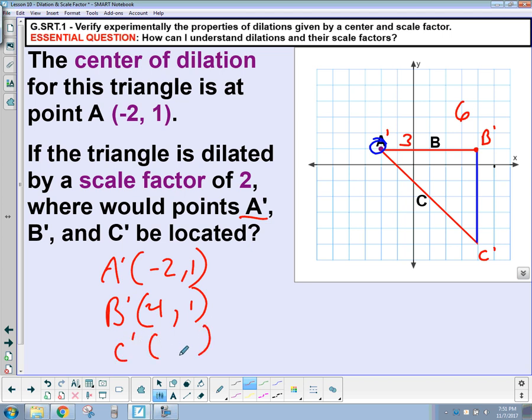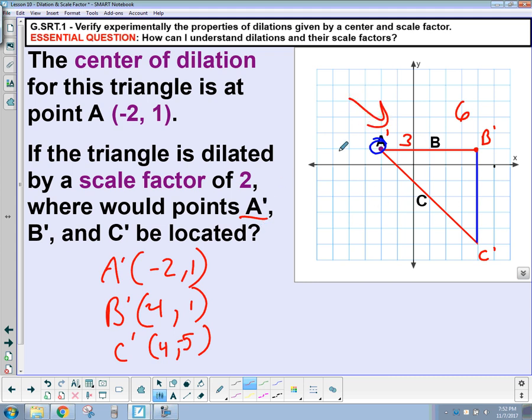C, 1, 2, 3, 4, so that's 4 again. I'm going to go down. 1, 2, 3, 4, 5. Negative 5. Sounds good? This is just a counting game, okay? Count, count, count. And notice it's still the same shape, but different size.